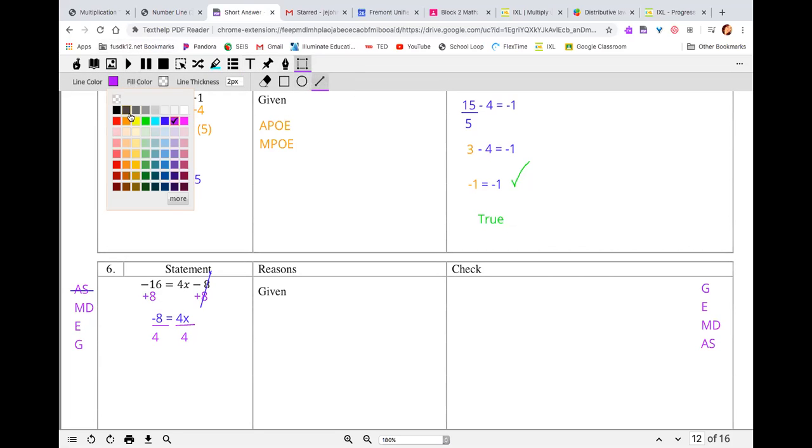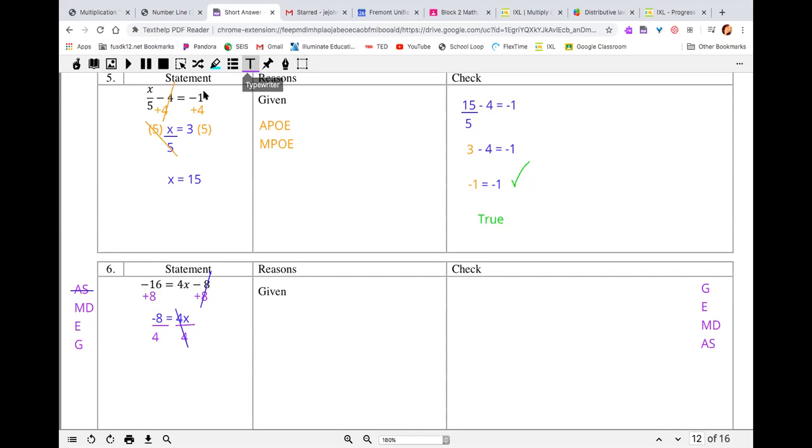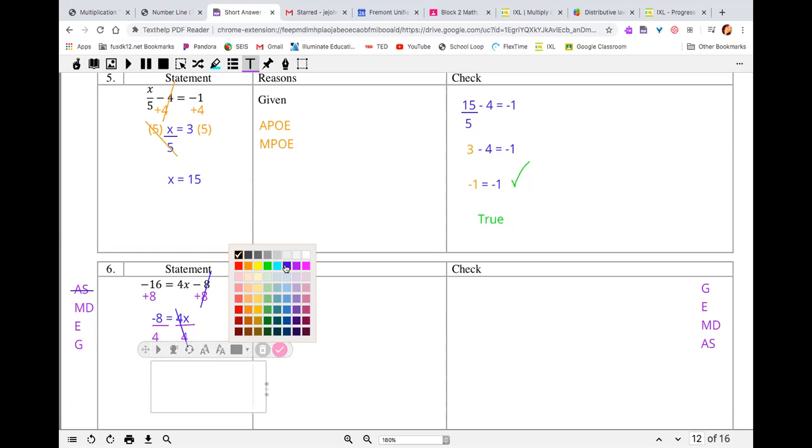Now that I did 4, which is next to x, they cancel out. Is x by itself now? Yep. Okay, and what's 8 divided by 4? Two. And a negative and positive make? Negative.